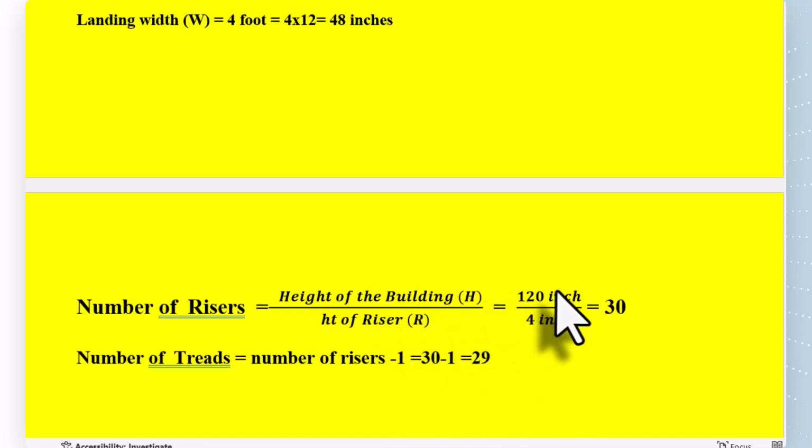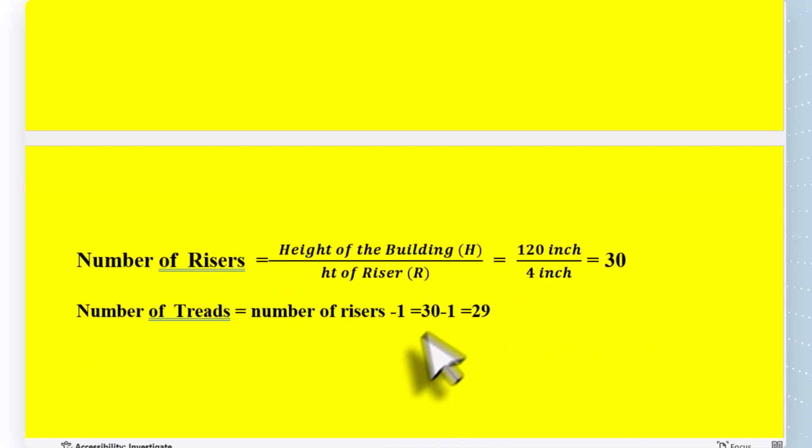The height of the building, for this case, we have taken as 120 inches, that is 10 feet. Because here we took inches, here also we have to take inches, so we get 120 by 4, which means the number of risers required from the ground floor to the first floor is 30. To get the number of treads, you subtract 1 from the number of risers.